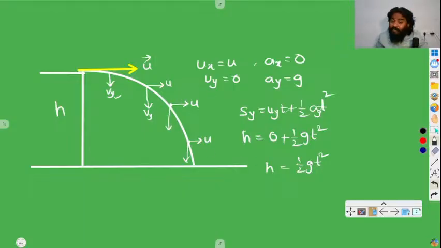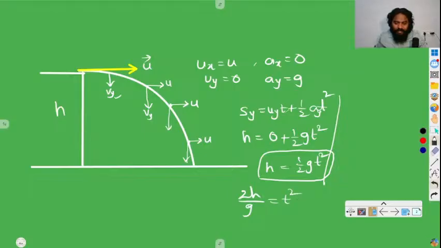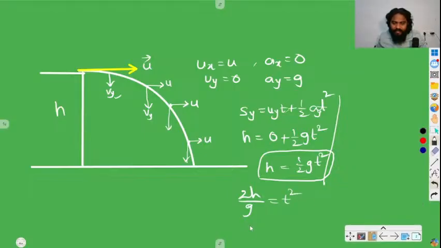From this you can find how much time it takes to reach the earth. From the same formula we can write 2h by g is equal to t square, and so t is equal to root of 2h by g. Very simple, you can use this formula.